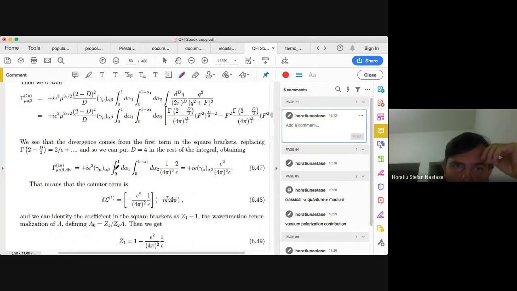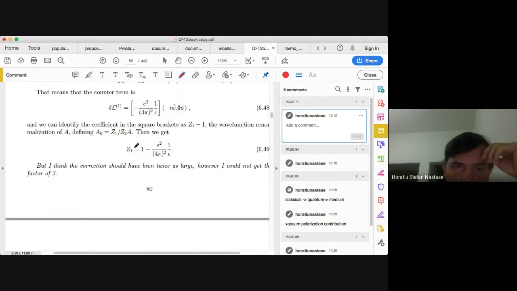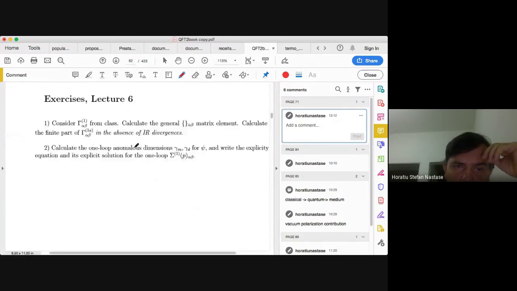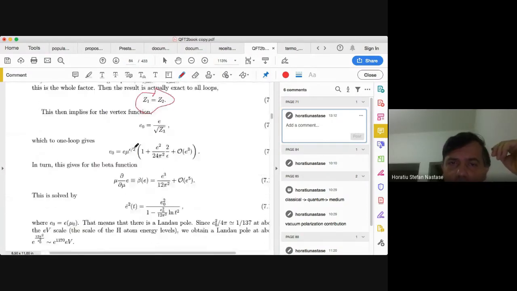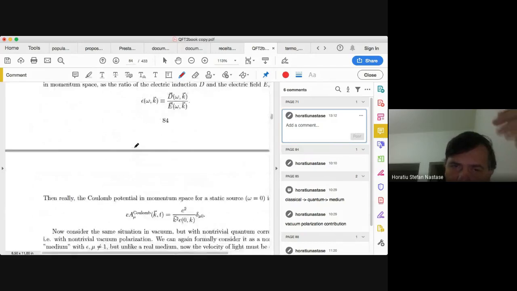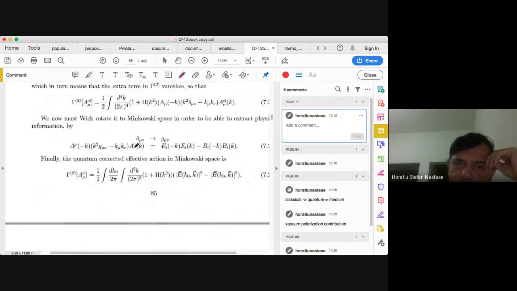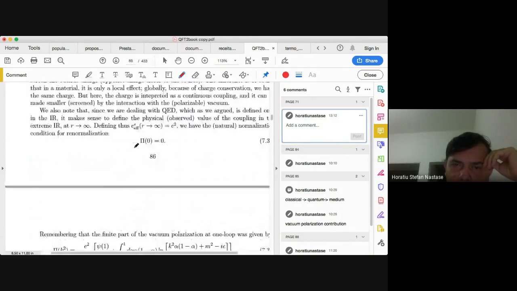So gamma 1A was equal to what is here, but gamma 1B I didn't write. It's whatever else is in the expression for gamma 1.